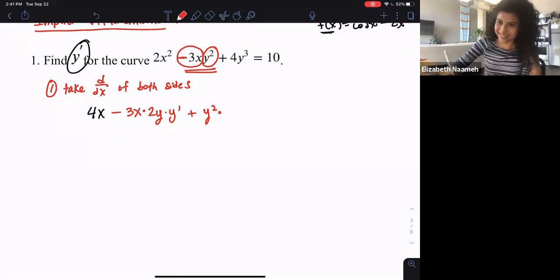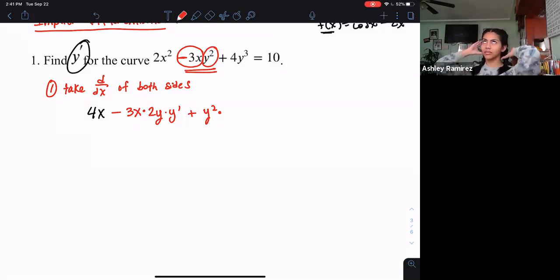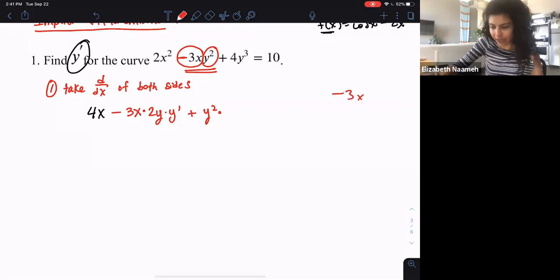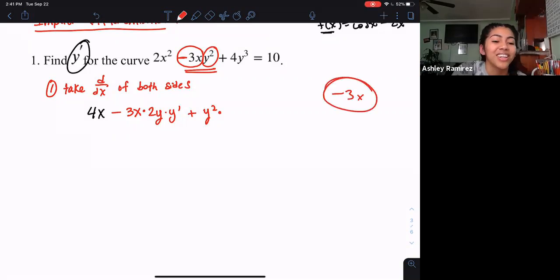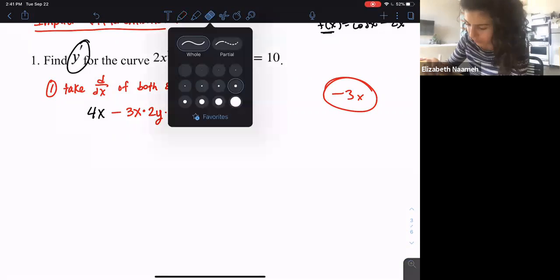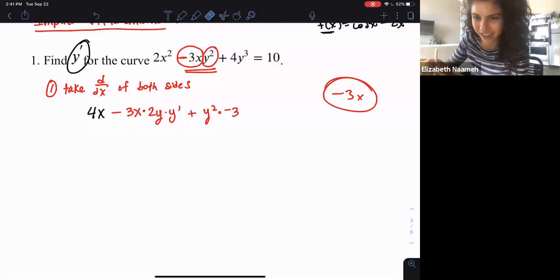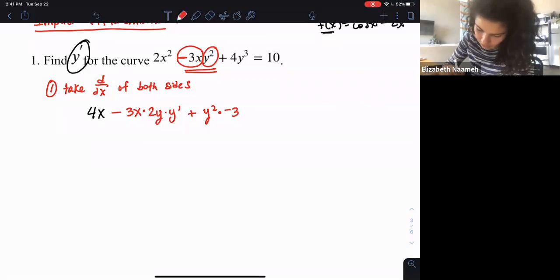What's the derivative of negative 3x? What's the slope? Just negative 3. Careful, you're overcomplicating that. Okay, so good. Let's continue.